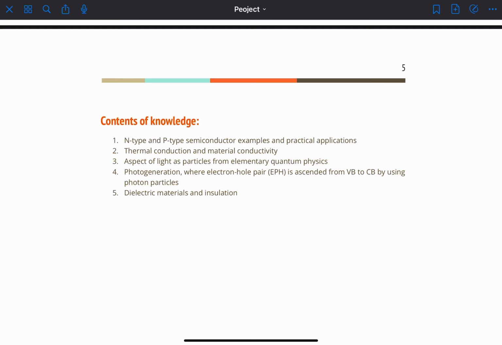Next is the photogeneration, where the EHP, or electron-hole pair, is ascended from VB to CB by using photon particles. And lastly is the dielectric materials and insulation. Well, thank you for listening.